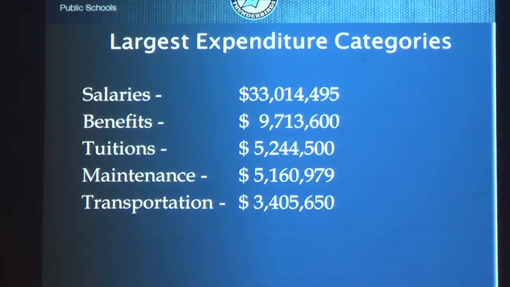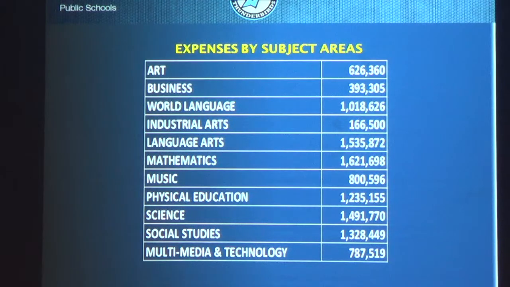Maintenance, which includes electric, utilities, gas, custodians, maintenance men, and hired services to help clean the buildings, is 5.16 million, and transportation is 3.4 million. That includes salaries and other items. Just a quick picture.